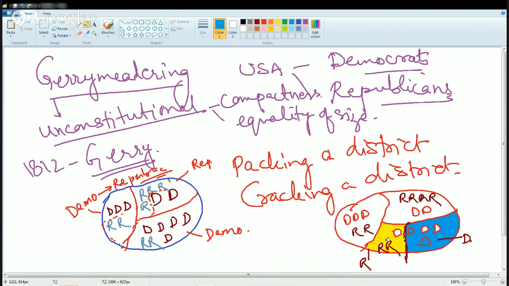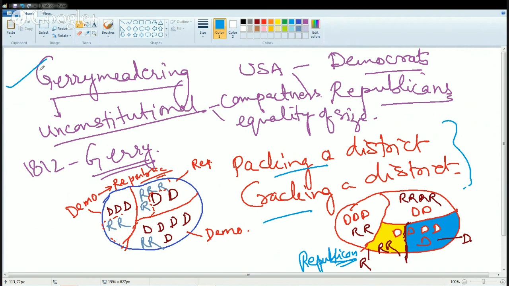So I am basically gaining seats or gaining power, and that is done only by redrawing the boundaries. I just redrew this boundary, and this section went under the hands of Republicans. So this is cracking a district and packing a district, the two concepts that work in gerrymandering, and with this you can understand the concept of gerrymandering.